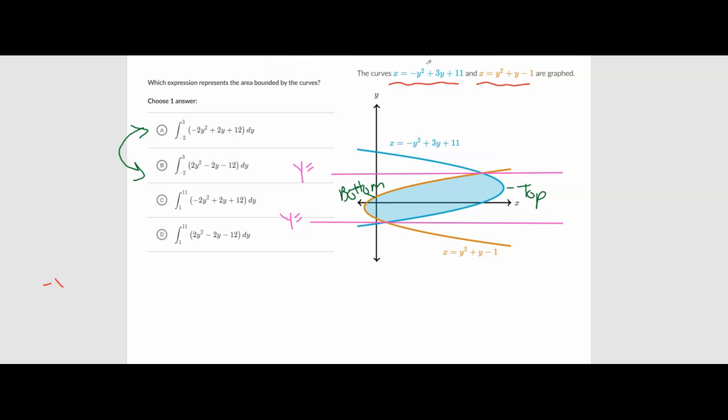Right? We could say negative y squared plus 3y plus 11 is equal to y squared plus y minus 1. Add y squared to both sides. Well, essentially, I'm just going to move everything over, right? So I'm going to add y squared, I'm going to subtract 3y, and I'm going to subtract 11 from both sides.